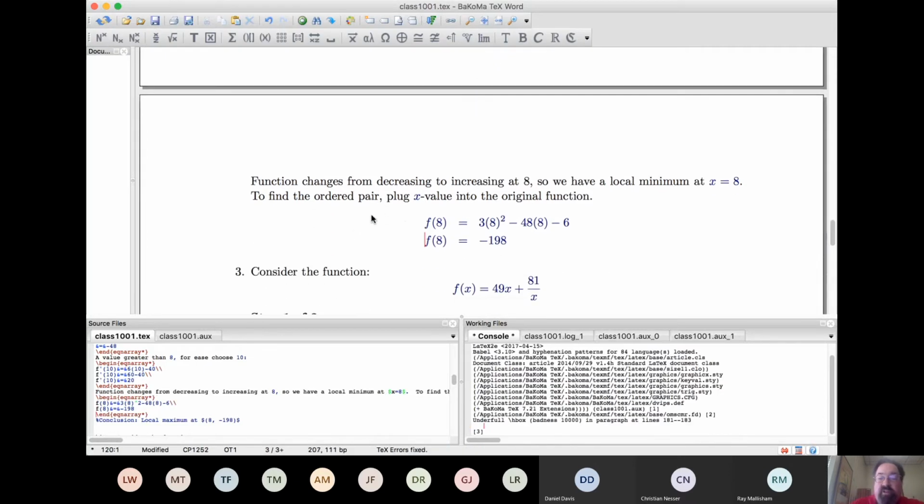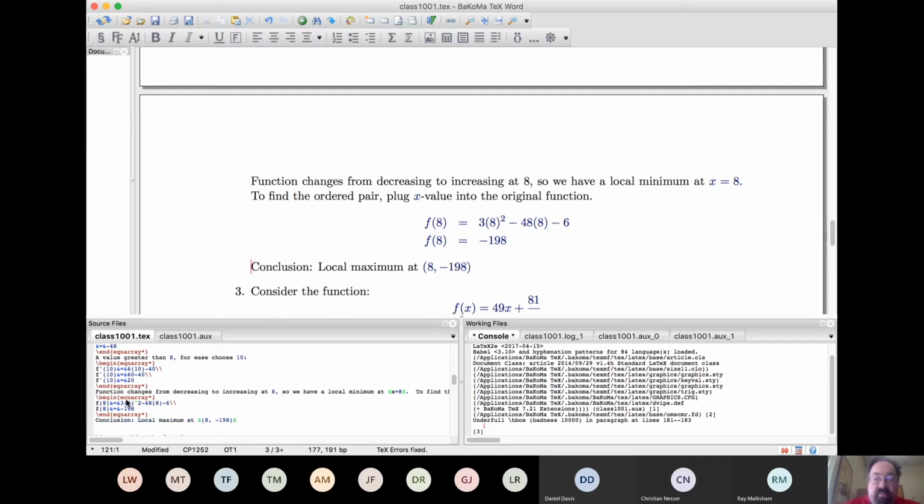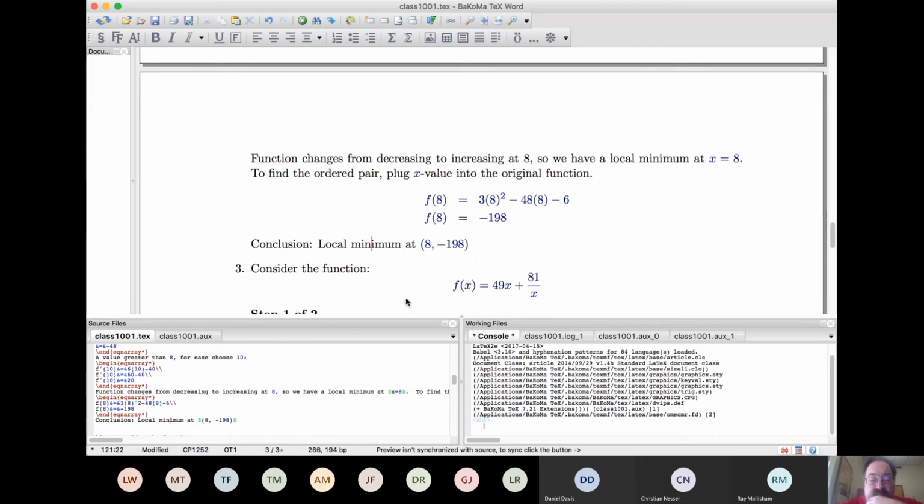Make sure you plug into the original function f, not the derivative, otherwise you just get 0. It's 3x squared minus 14x minus 6, and we get minus 198. So that completes the ordered pair. That's a local minimum at this point.